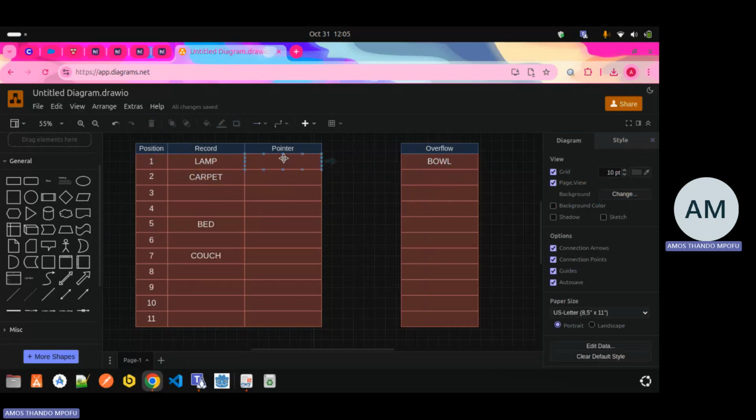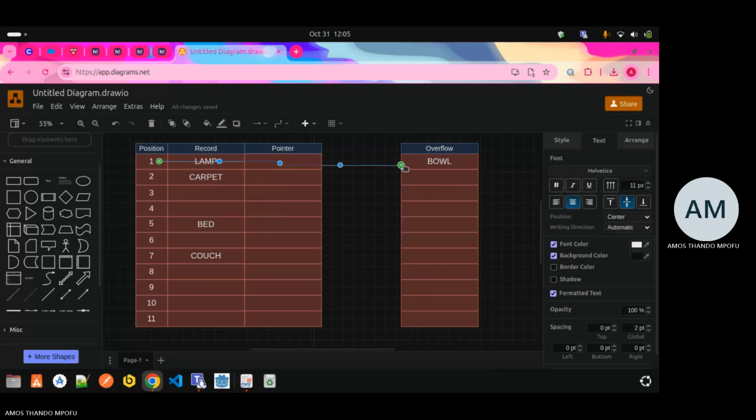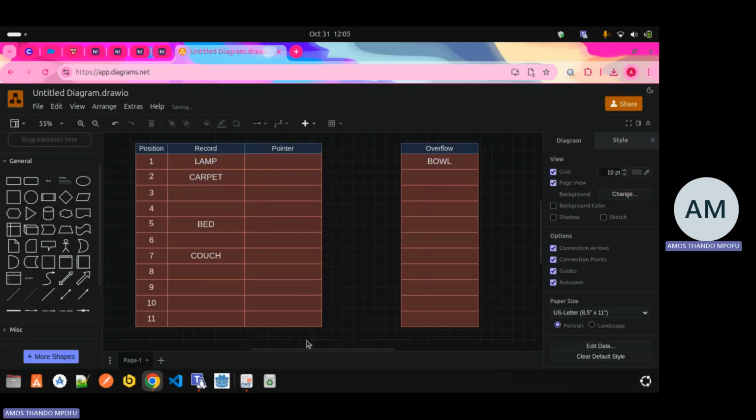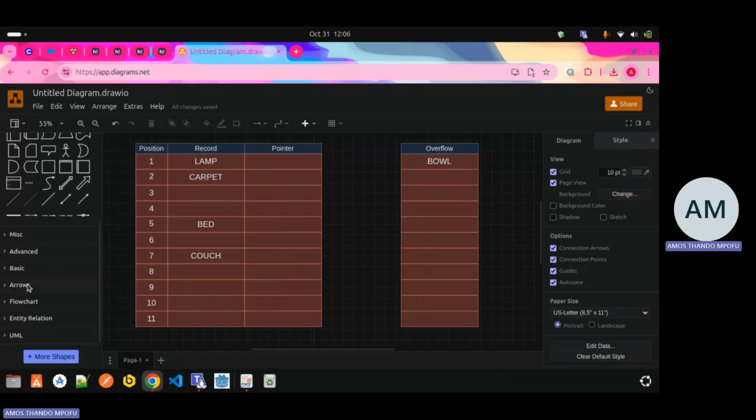Pointer is simpler than going around here, because my diagrams look messy if I do this. So we actually have to create a separate pointer block or pointer column, and then we point to it.